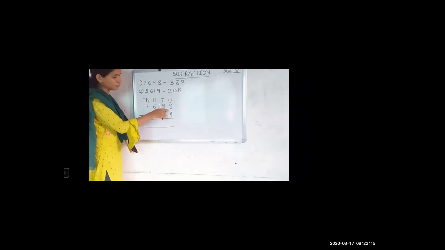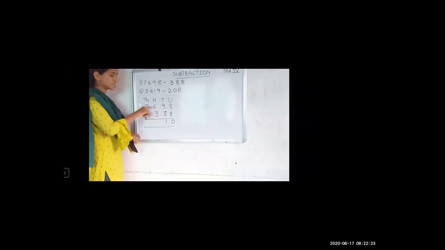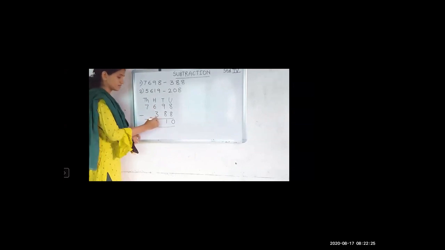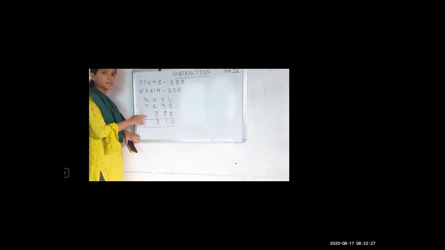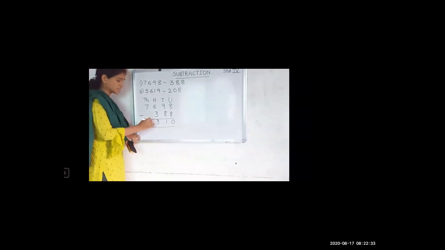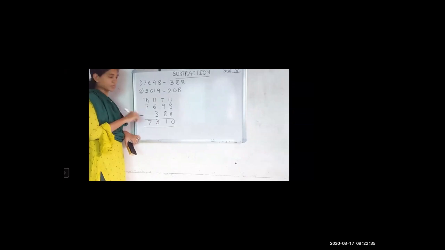So now you are going to solve this. 8 minus 8, just now I told you, when you are subtracting a number from the number itself, then the answer will be 0. 9 minus 8, you will get answer 1. 6 minus 3, 3. 7, there's no number to subtract from 7, so as it is, 7 will come down. So here I have solved one example.